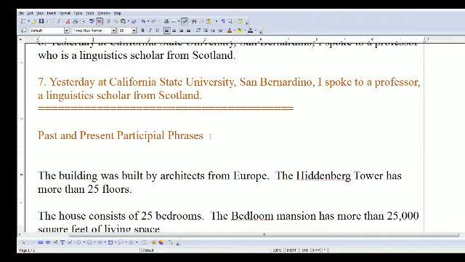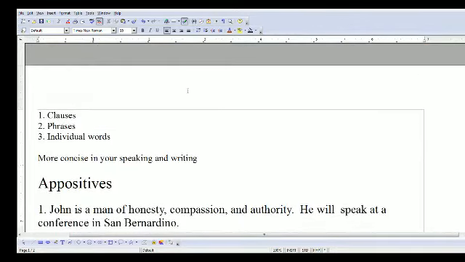If you can use and understand this, it's also helpful for both your TOEFL speaking and your TOEFL writing because you're more concise when you communicate, and you're demonstrating that you know how to reduce your adjective clauses to phrases. You remember what I said in the beginning? If you can use a phrase instead of a clause, that's great. If you can use individual words instead of phrases, even better. And we're focusing right now on how to reduce adjective clauses to phrases.